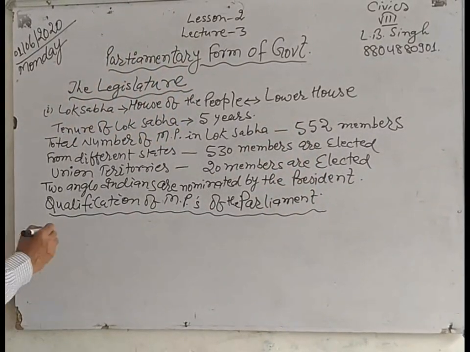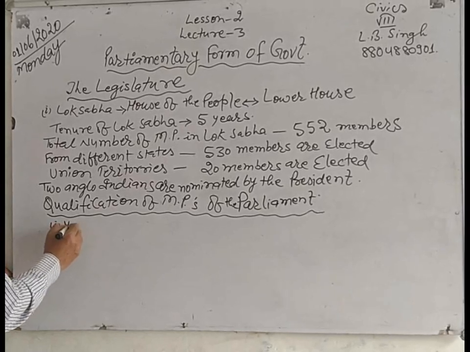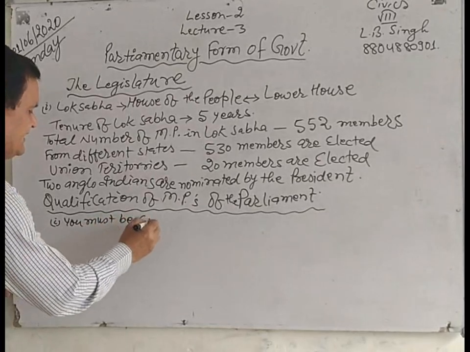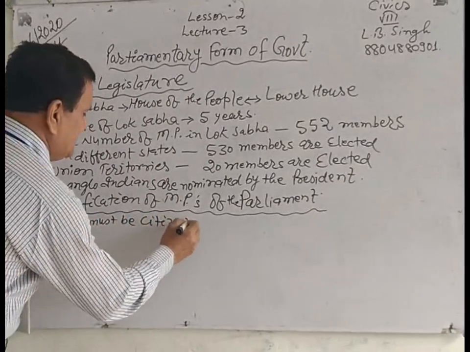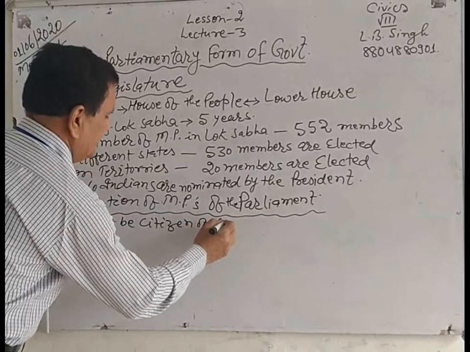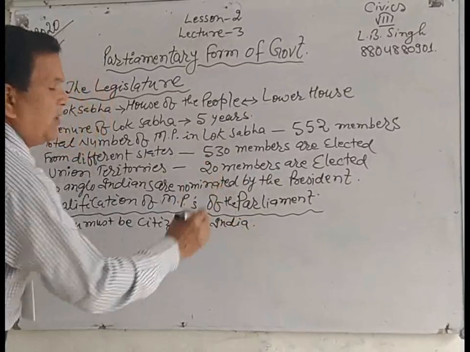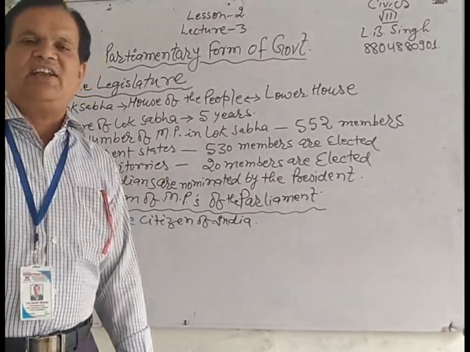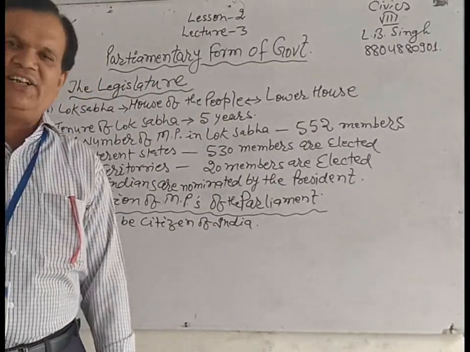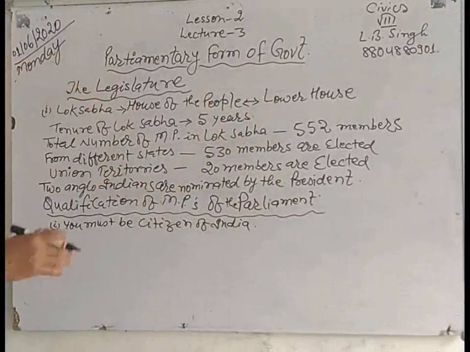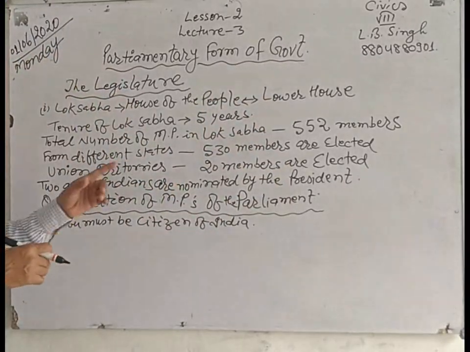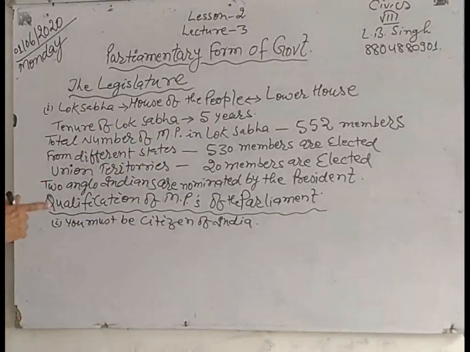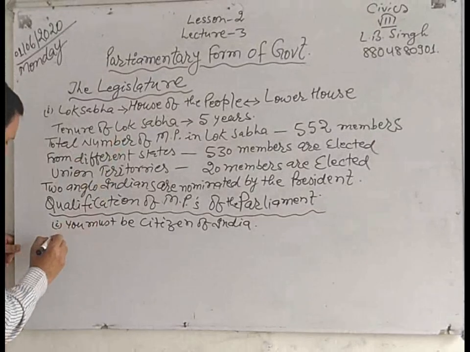The first one is that you must be a citizen of India. Suppose you are an inhabitant of Sri Lanka, Nepal, Bhutan, China, or any other country. You cannot fight the election of member of parliament. So you must be a citizen of India.